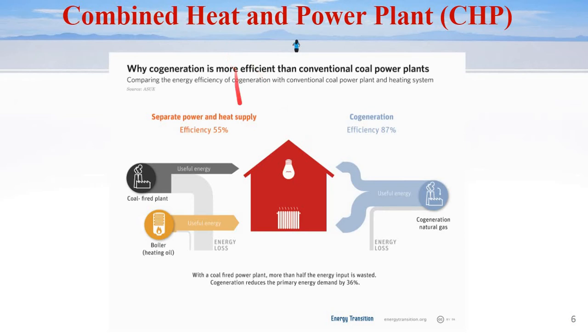So this is another picture showing the efficiencies without cogeneration and with cogeneration. Without cogeneration, the efficiency is roughly 55%, whereas with cogeneration, the efficiency rises to 87%. This is a comparison of energy efficiency with and without cogeneration in a conventional coal power plant and heating system.